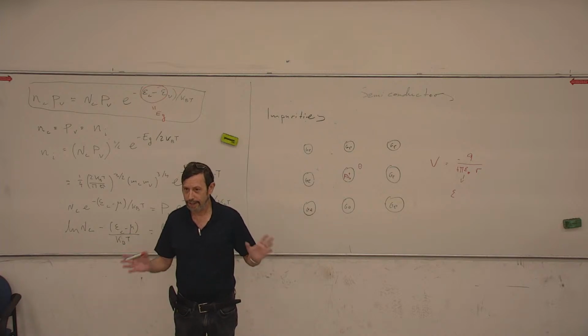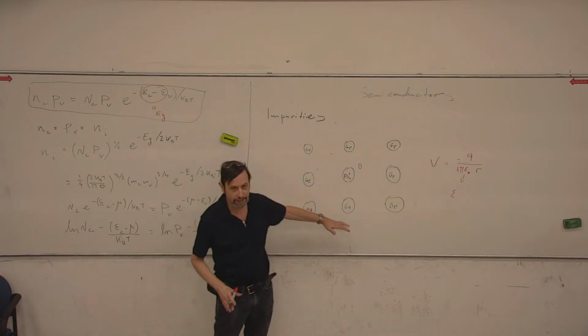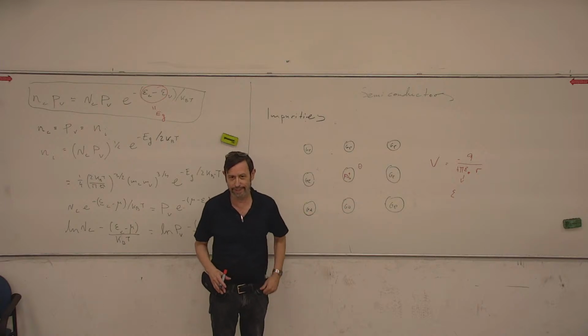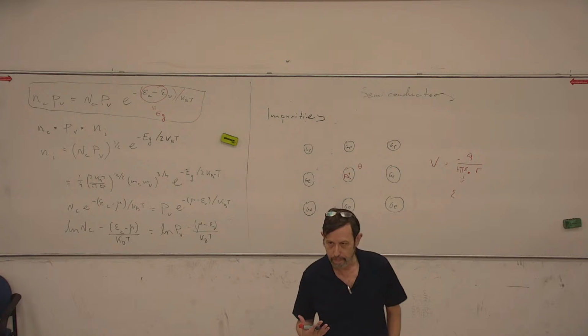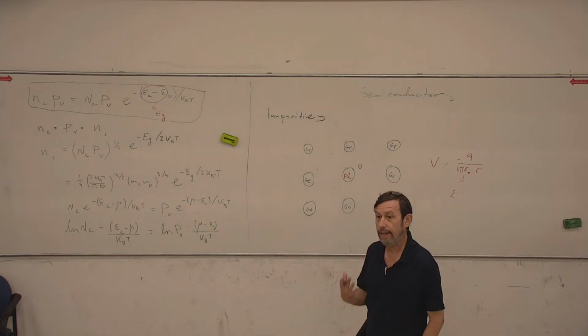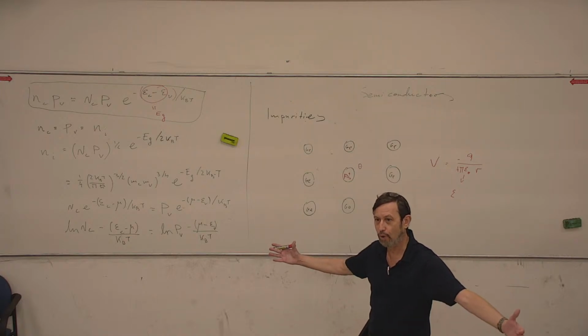So that is the final physical description of this impurity. We have a hydrogen atom, but with a much larger Bohr radius.